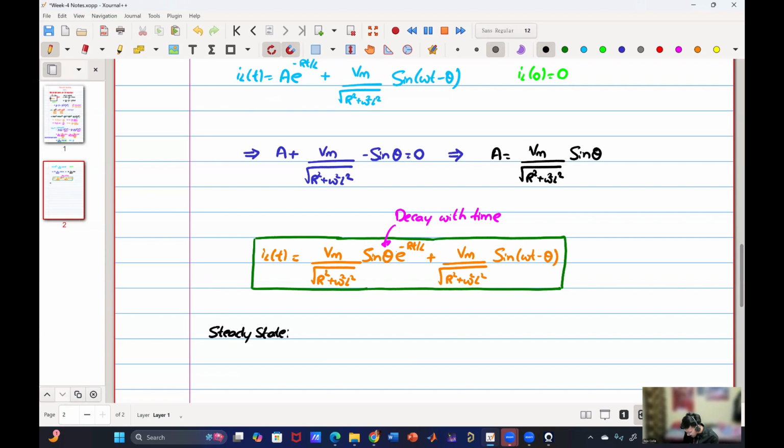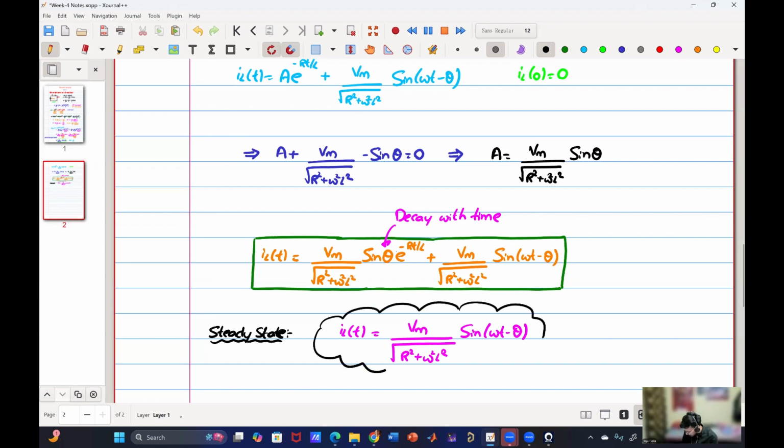So at steady state, I can say my iL of t is equal to Vm by square root of R square plus omega square L square sine of omega t minus theta. So is this clear until this point?